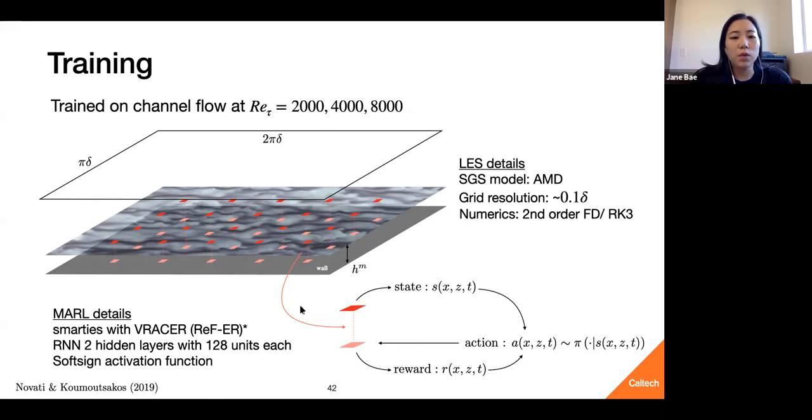Second one is that even though DNS and LES share kind of the same flow statistics, there might be some discrepancies in the numerics, for example. So just because the supervised learning method learned how to predict the wall shear stress for the next time step using the velocity information from the current time step, doesn't mean that if you integrate that over time, it would produce good results.